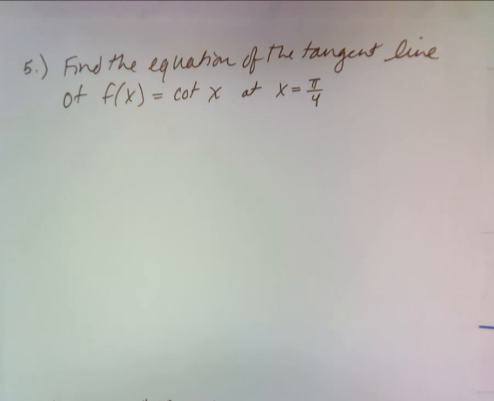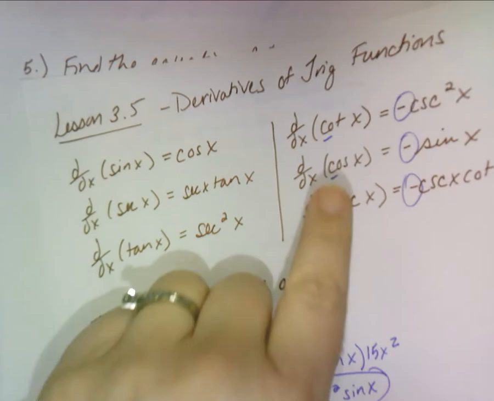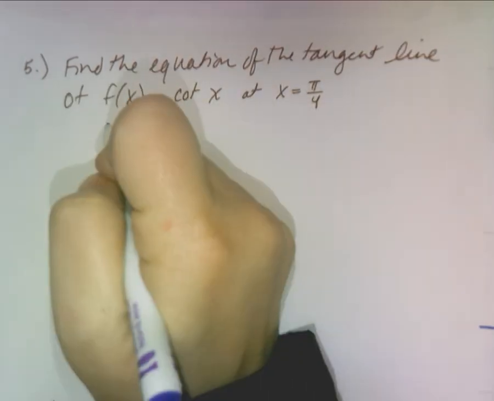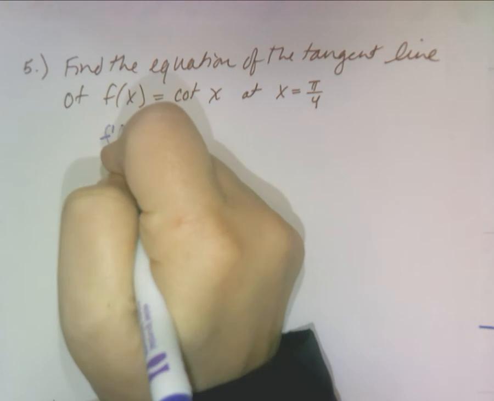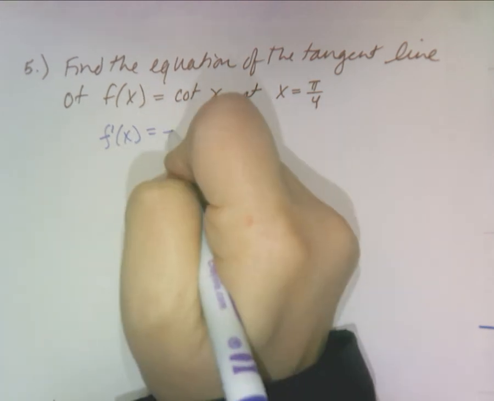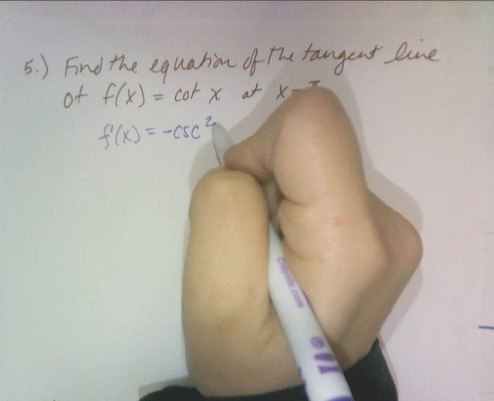All right, one last thing. Find the equation of the tangent line of f of x equals cotangent x. So again, look at your little sheet there. Derivative of a cotangent is a negative cosecant squared x. So I know that the derivative is negative cosecant squared x.